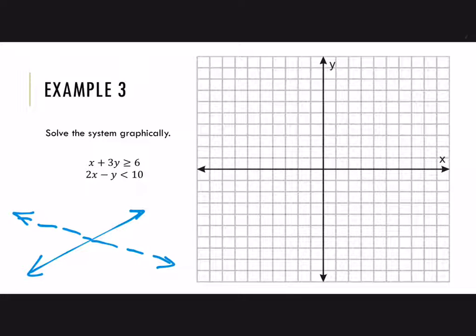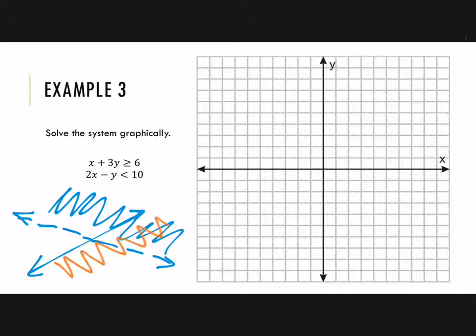All right, so maybe for the dotted line one, all of the points that make that inequality true are on this side, and then maybe for the solid one, the points all fall on this side. And so then if you look for points that solve both inequalities, you're just looking for where the shading overlaps. So in this example, the ones that are shaded orange and blue would make both inequalities true. And we can check that as we go, confirm that with a test point.